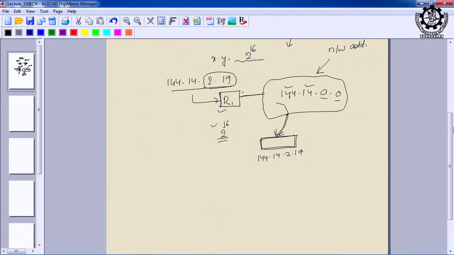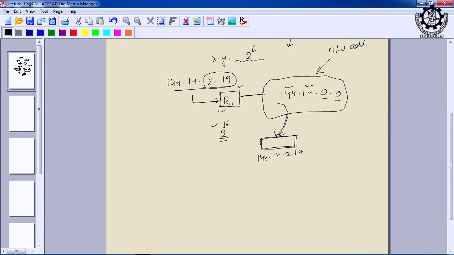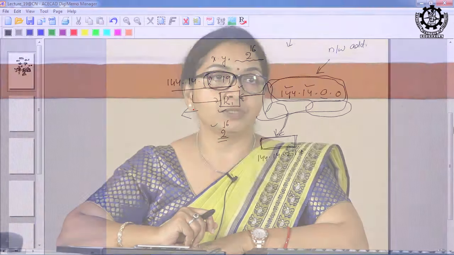So, what is the solution for this? If you divide or fragment this whole bigger network into smaller networks, and only this division of the network is visible to the router, but not to the world outside the router, we can do that.